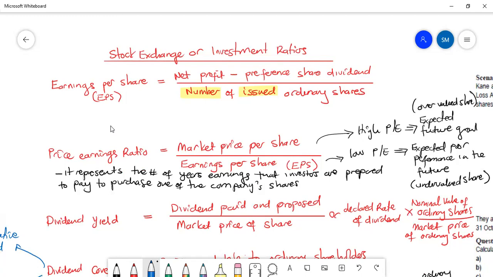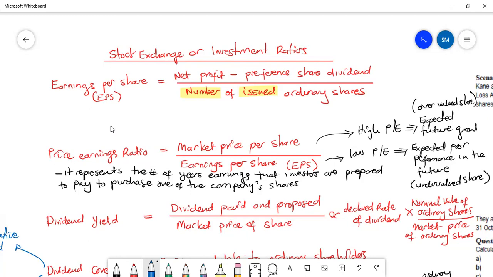So it tells you how much you will be earning per each individual share. It's like your return. How much are you getting for each individual share that you bought or you are holding? I don't know if it makes sense.